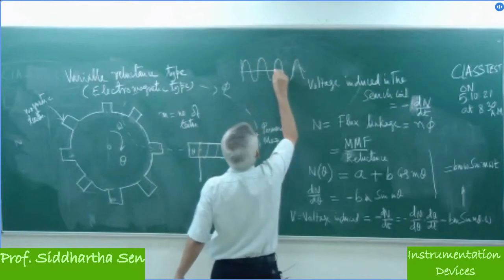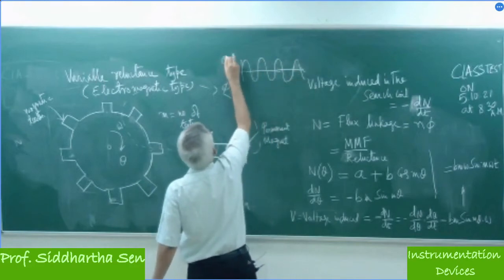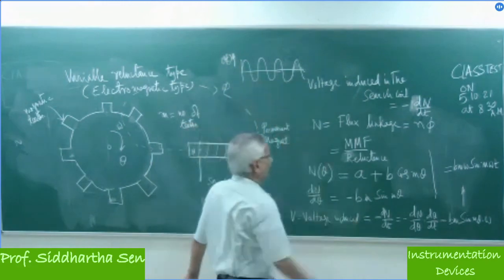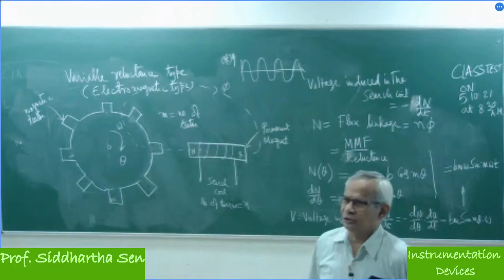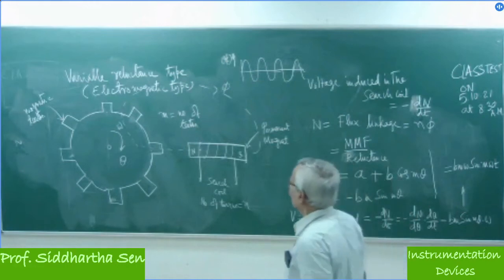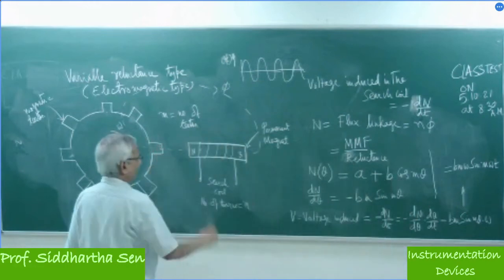So here it is, your V of t, and both the amplitude as well as the frequency will be dependent upon the angular velocity omega there.